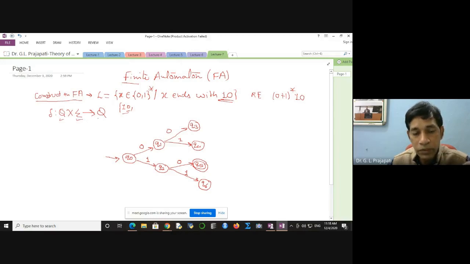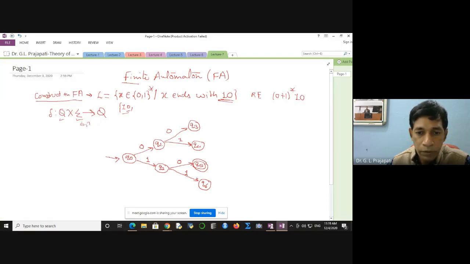And your machine must explicitly mention in which state it is going. So if you start from the Q0, you have mentioned the transition for 0 and 1, because the alphabet contains only 0 and 1. So at the Q0, you have seen the transition for both inputs.